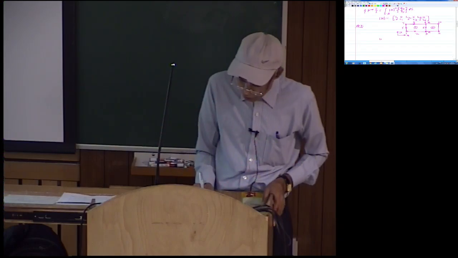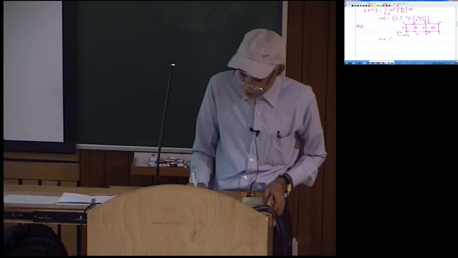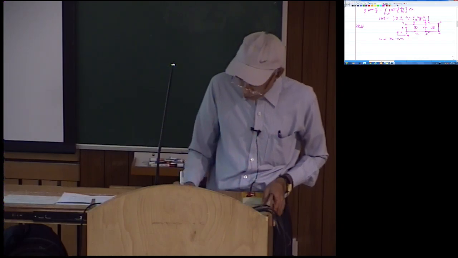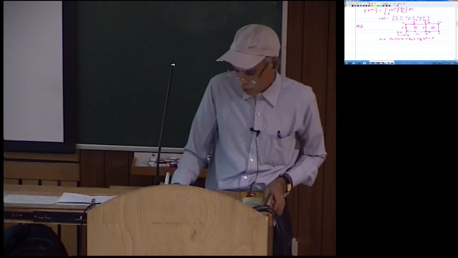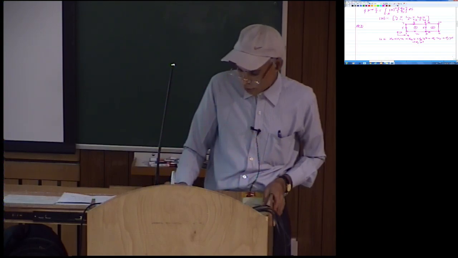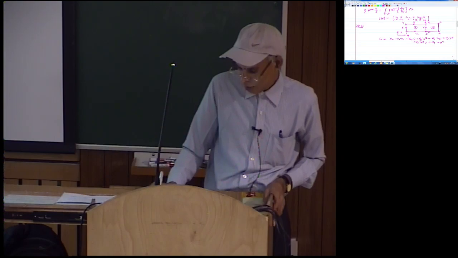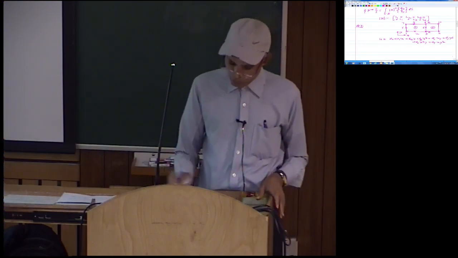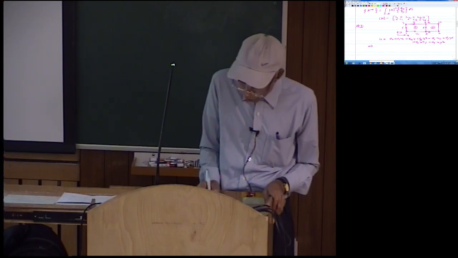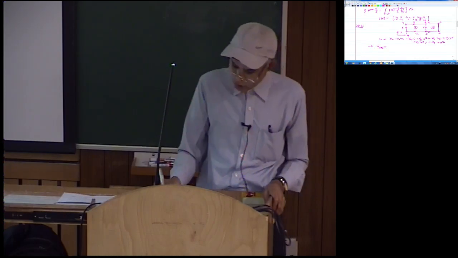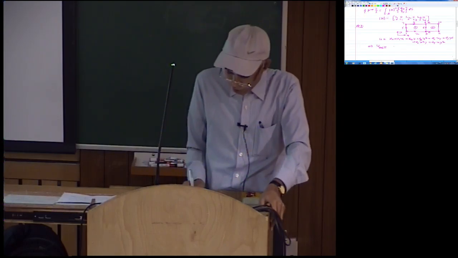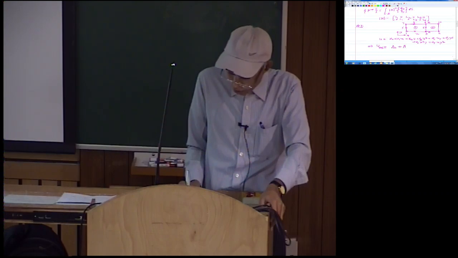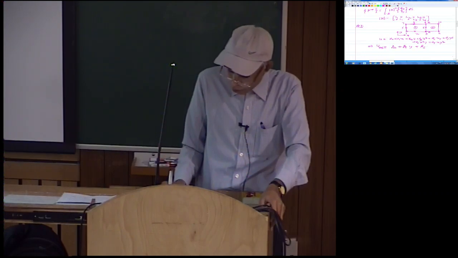So for the first case, we will have u for this 8-noded element as a0 plus a1x plus a2y plus a3x square plus a4xy plus a5y square plus a6x square y plus a7xy square. Many of you actually did this question.